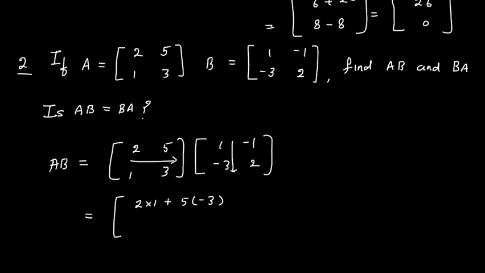Then the second element: 2 into minus 1 plus 5 into 2. In the second row it is 1 into 1 plus 3 into minus 3, and here it is 1 into minus 1 plus 3 into 2.